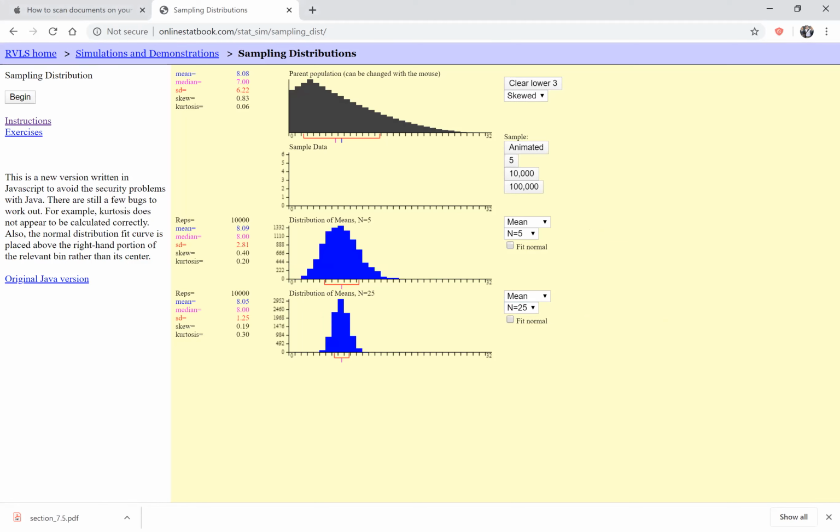The mean is still the same, but the distribution is almost symmetric. We took samples of size 25 in bottom, and we took the sample mean, we plotted it, and the distribution we got was not skewed at all. It was almost normal. And that is what we call the central limit theorem.